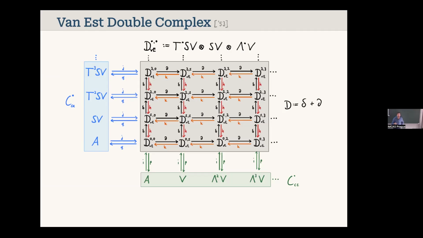So we still have some problems in interpreting what we actually did here. I mean, we came from geometry and realized this double complex and turned it into an algebraic double complex. But I think there should be a better algebraic interpretation of this funny double complex than saying, okay, well, it comes from geometry somewhere. So one way to see that, I think, is that this tensor algebra of the symmetric algebra is actually the cobar complex of the symmetric coalgebra.